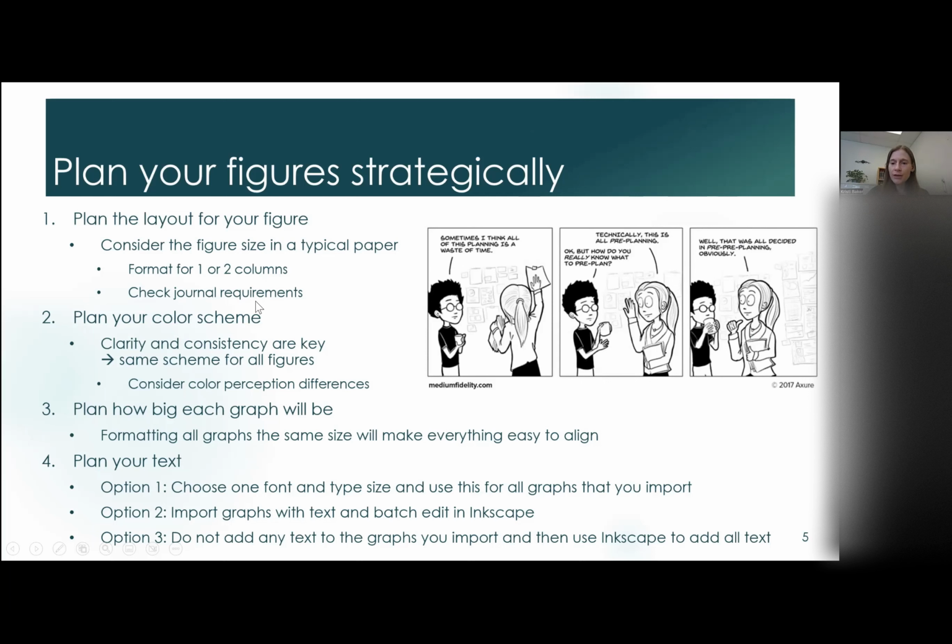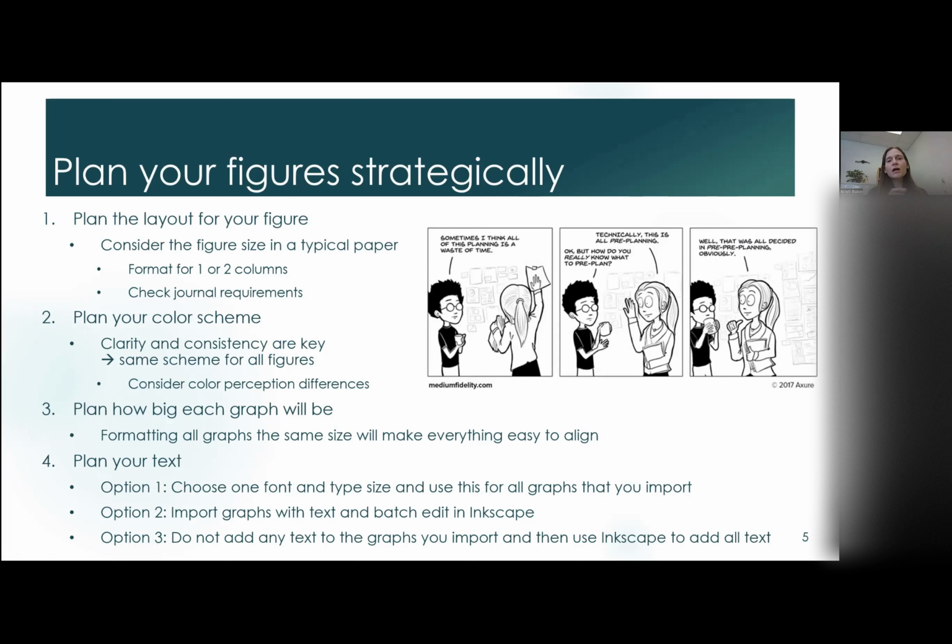It's a good idea to plan a color scheme. And I say this because color can really enhance your data. It shouldn't be something that detracts from your data. It should really be something that is designed to help readers follow. I'm sure all of you have seen manuscripts where they use certain stimulation conditions throughout the manuscript.